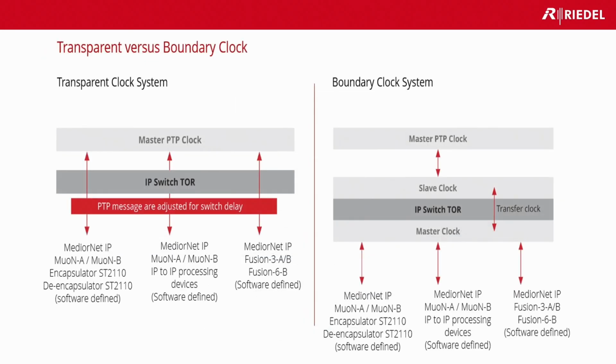Transparent versus boundary clock, that's also super interesting. If you start small, and let's say you have, I don't know, 200 IOs, you can really go with a transparent clock. What happens is the parts or the slave devices will want to talk with the Grandmaster, the one that is elected.